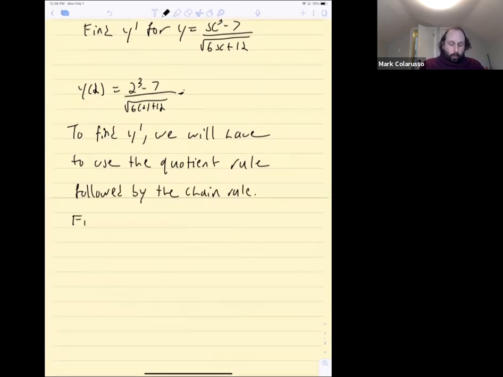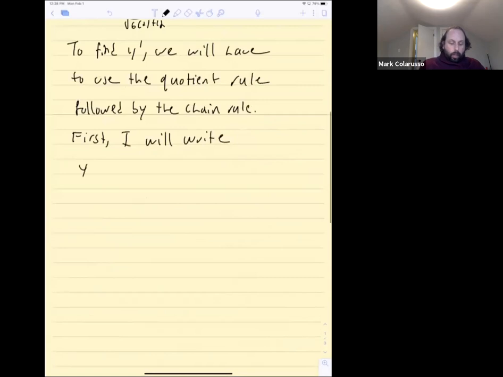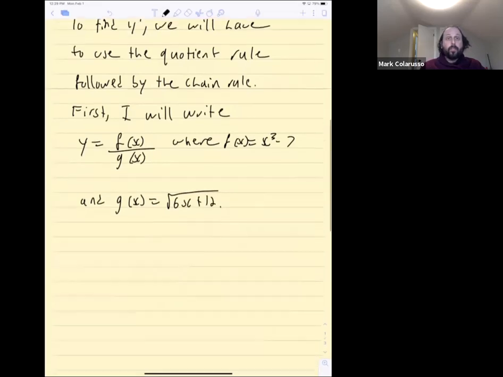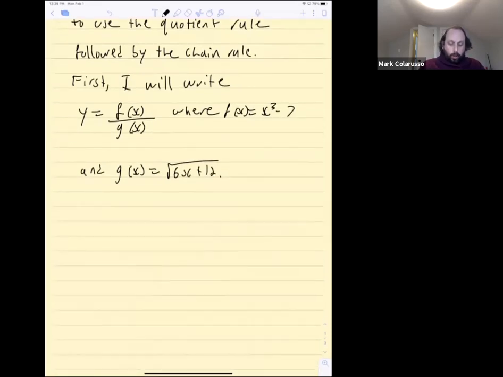First I will write y equals f at x over g at x, where f at x is x cubed minus 7, and g at x is the root of 6x plus 12. And so we first apply the quotient rule.